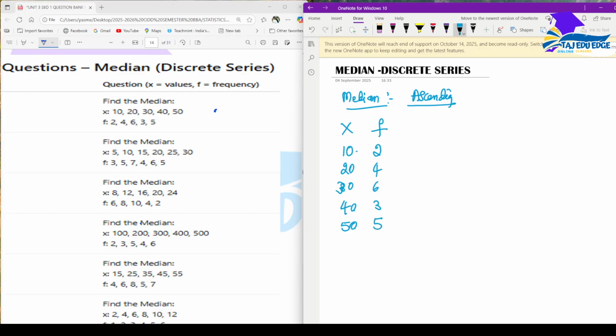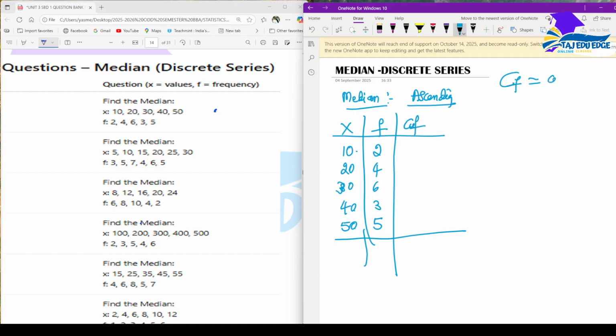But when it comes to median, we are not calculating f into x, but we are calculating cumulative frequency, CF. CF is equal to cumulative frequency. So how do we write that?